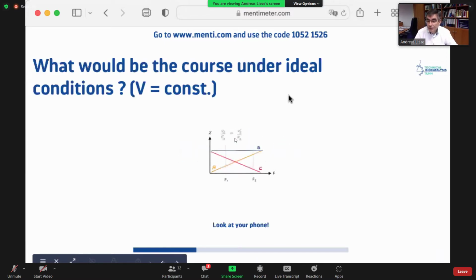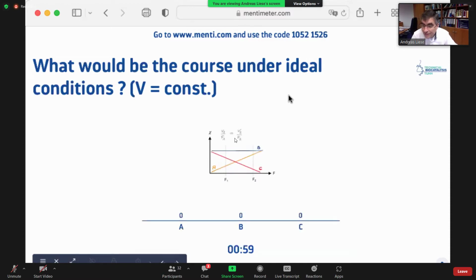You see now here three curves, A, B, C. What would be the course under ideal conditions where the volume is constant? So we have in F1 the low volume, low flux, and with the high flux F2 we have appropriate high volume, we have equal residence time.